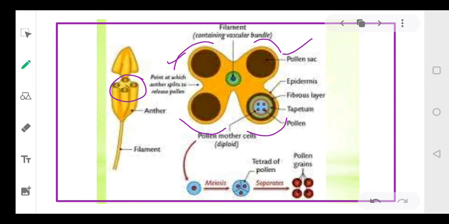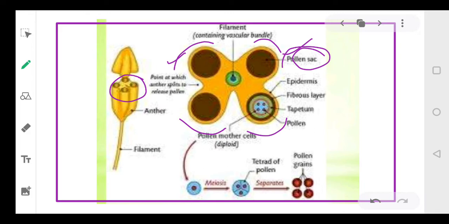So there are 4 microsporangia present in the corners. Can you see the brown structures? They are your microsporangia. So 2 are present in each lobe, and these microsporangia will develop further and will become the pollen sac.